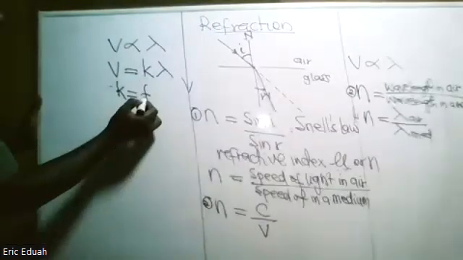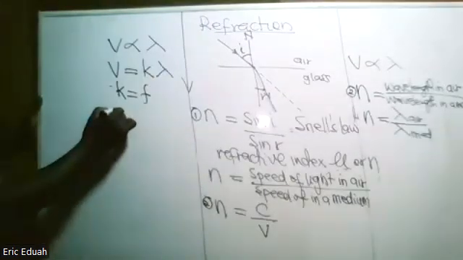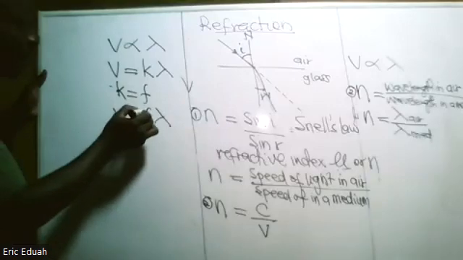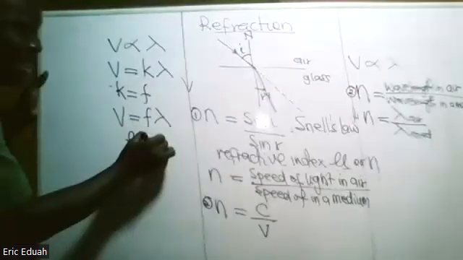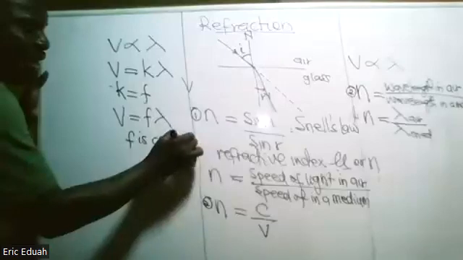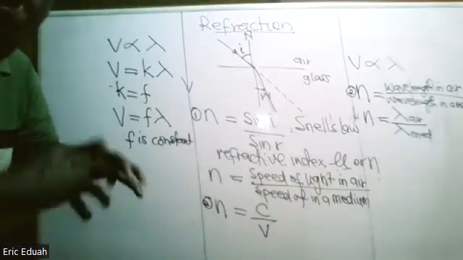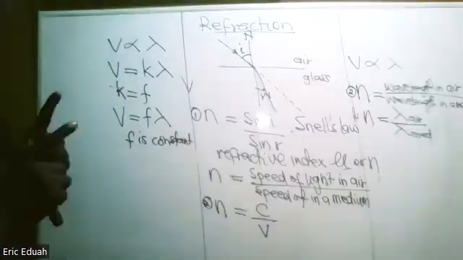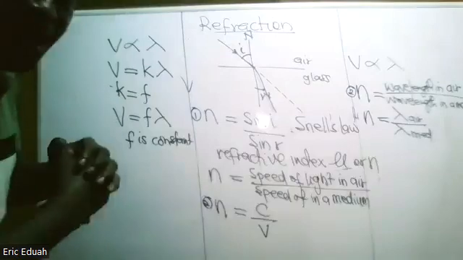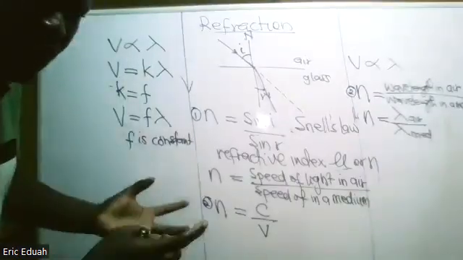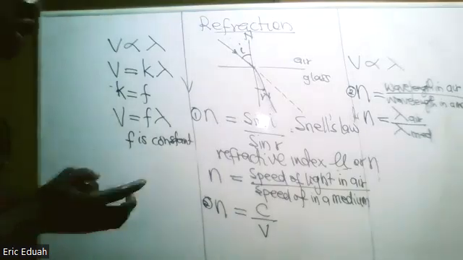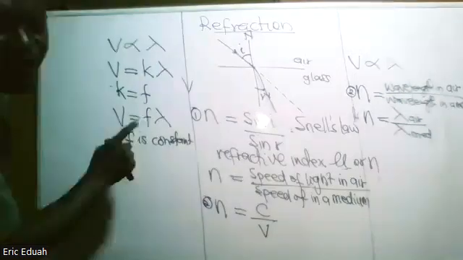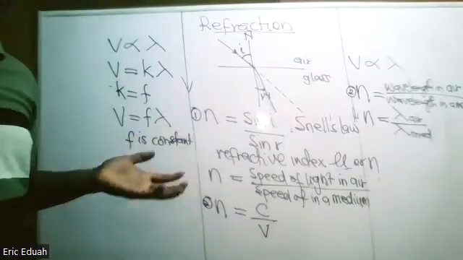So when we substitute frequency in place of k, we have v is equal to f lambda. Because frequency f is a constant, the frequency of light or a wave doesn't change from one medium into another medium, because the frequency f is a constant of proportionality.